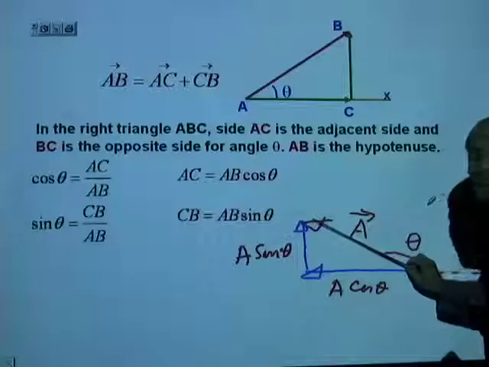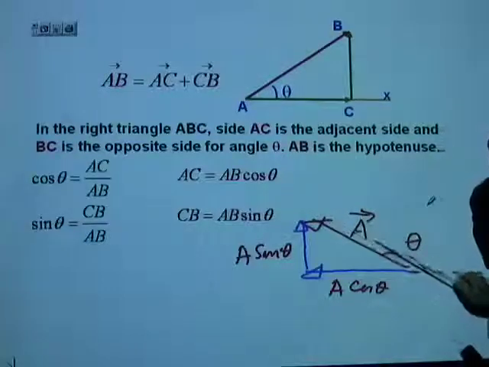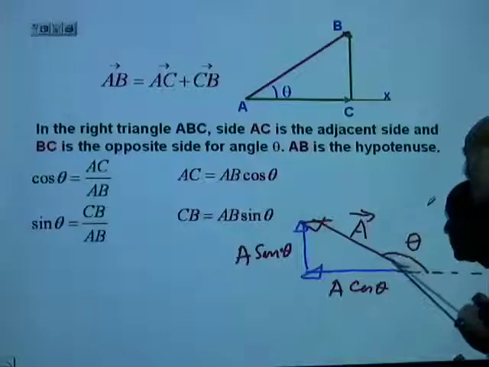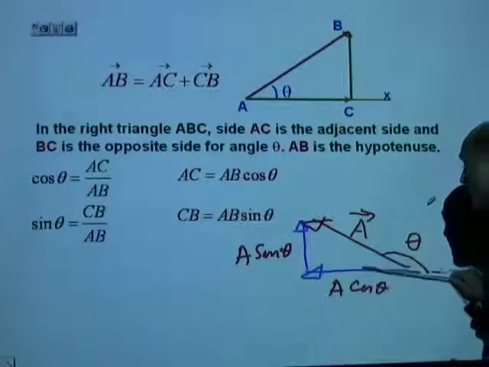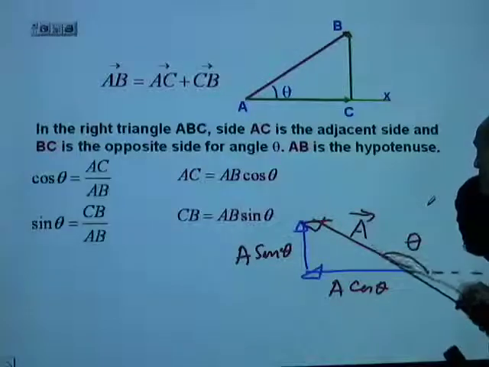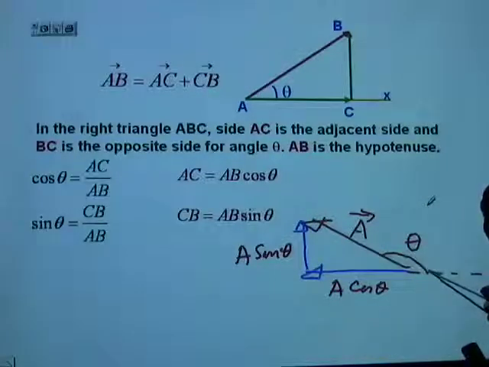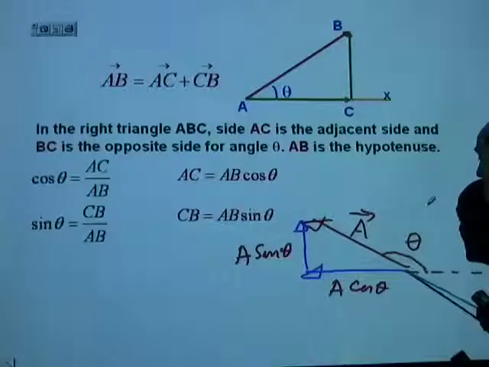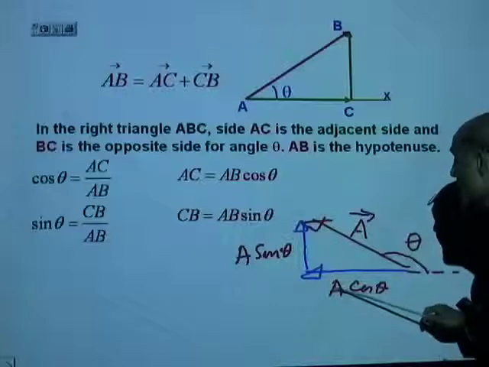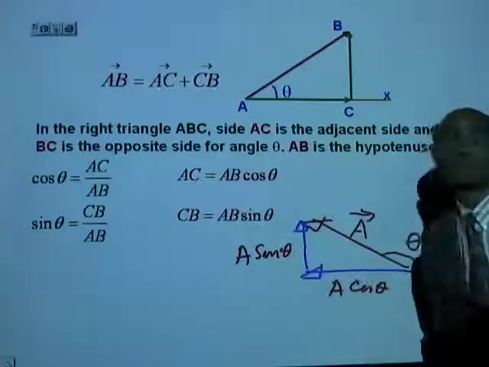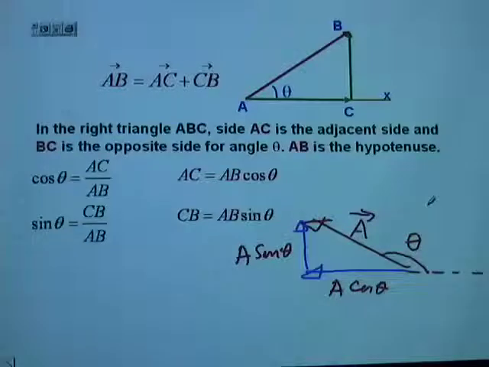Whenever you have a vector whose magnitude we know and the direction we know, we can find the x component of that vector. If A is a vector that makes an angle theta with the positive x-axis, its x component will be A cos theta, and its y component will be A sin theta. A very important concept.